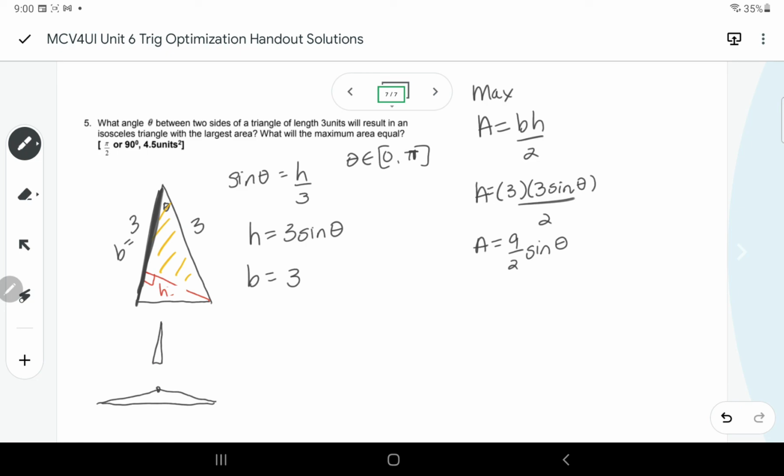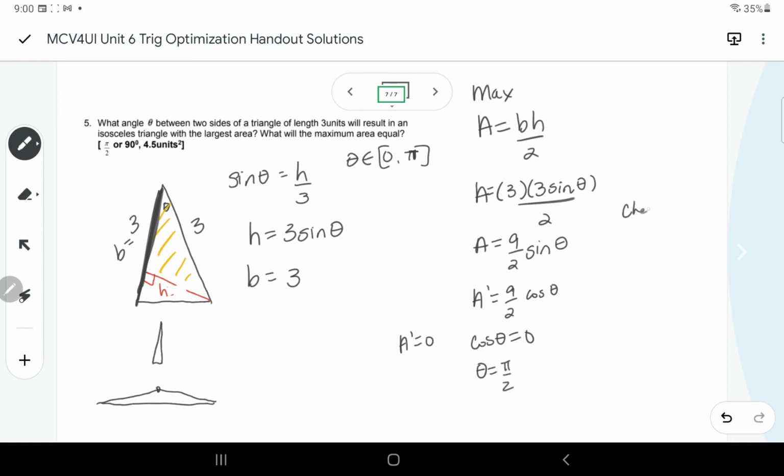So I'm pretty sure the area is going to come at a maximum when we've got the derivative equaling 0. So here the derivative is 9 over 2 cos theta. And if I'm looking for where A prime equals 0, it would be where cos theta equals 0. And in that interval 0 to pi, that would mean theta is pi over 2.